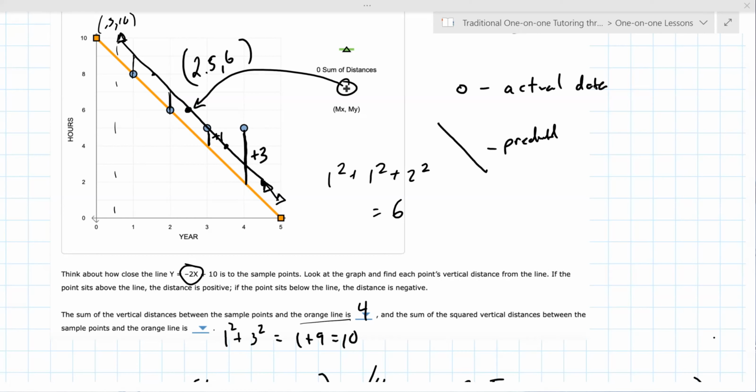Let me go find another one to see what these say. Is 6 an option, or is there more? Is it a range?